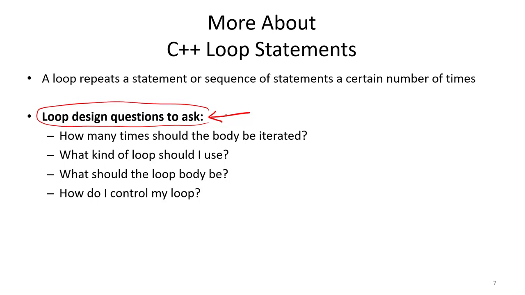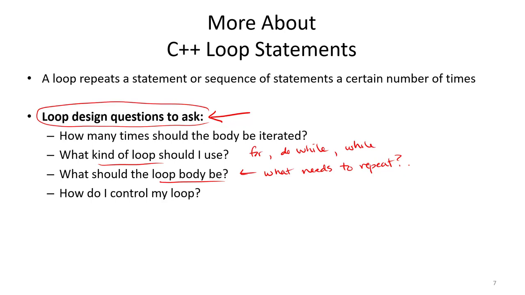Another question to ask is, what kind of loop should you use? Remember, we have for loops, do while loops, and while loops. Also, what should the loop body actually be? What needs to repeat? Sometimes beginner programmers can accidentally put too much stuff in their loop.